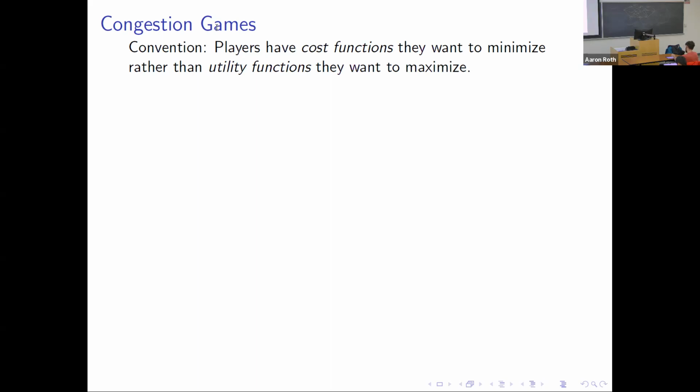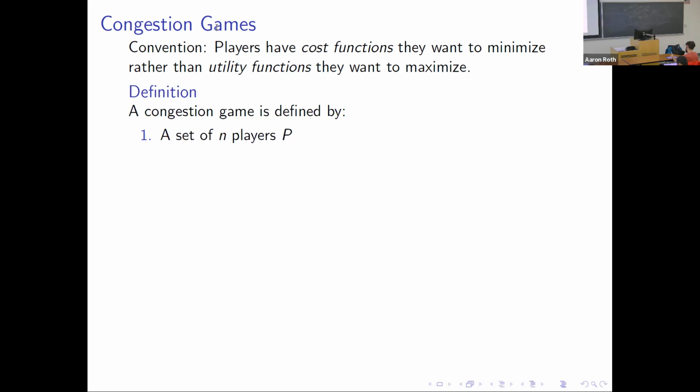You want to minimize, like, your commute time from S to T. And mathematically, these things are equivalent. If I wanted to phrase it as maximizing utility, I could just say your utility function is the negative of your cost function. But to avoid having to do that all the time, for this lecture and for some of the future ones, I'm just going to talk about players who want to minimize costs rather than maximize utility. But don't let that throw you off. It's the same thing.